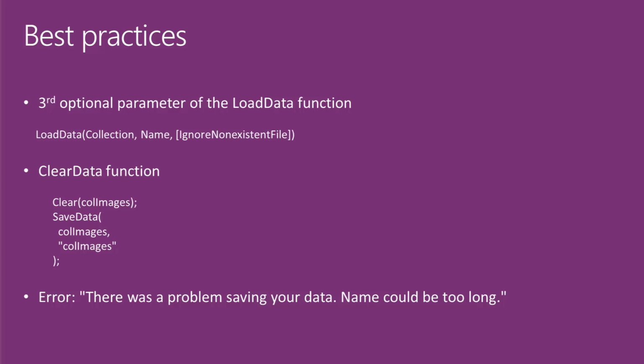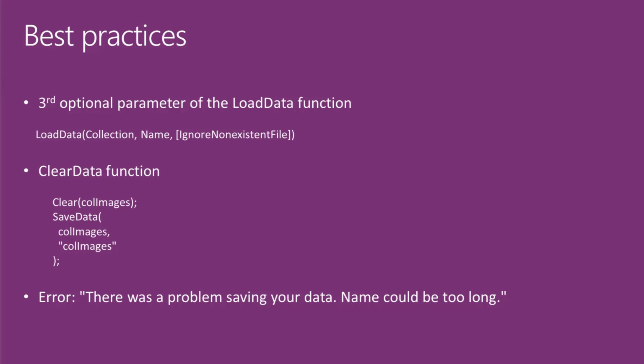Second is the clear data function. I don't think it's listed in the Power Apps formula reference, but it is another function in this group of functions for saving data and loading data. Clear data, at least in my testing a few months ago and until actually even a few weeks ago, doesn't work. It actually doesn't clear data in your local files. And you can do a quick test to check if it works now, right?